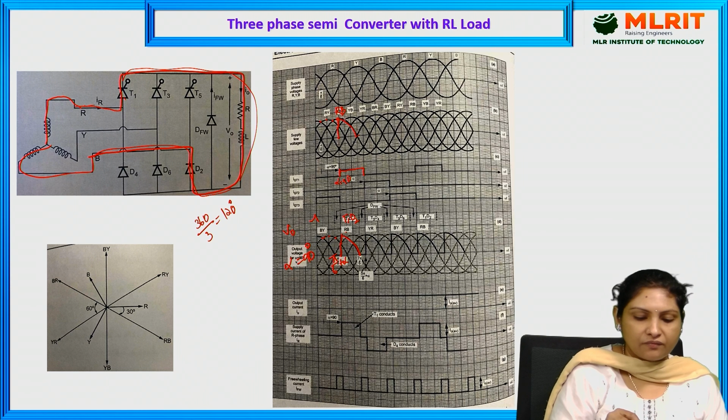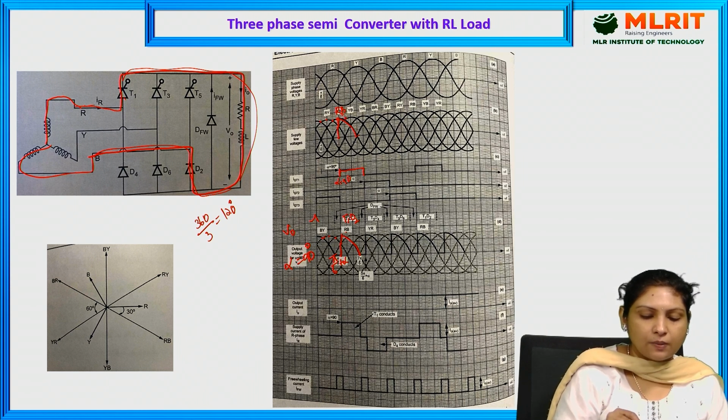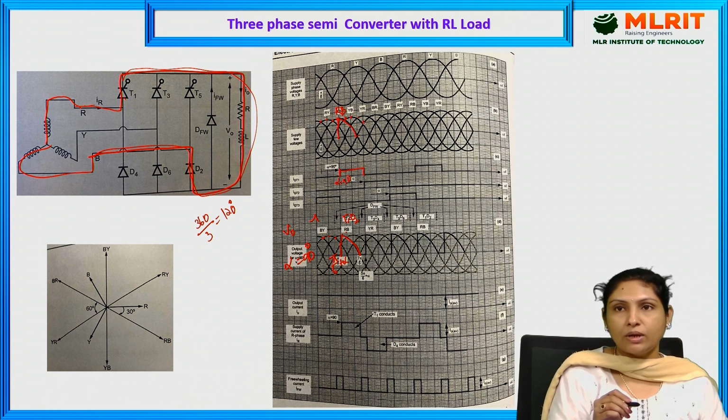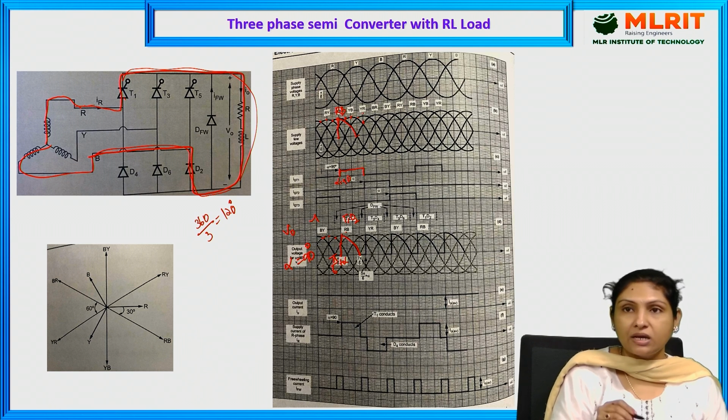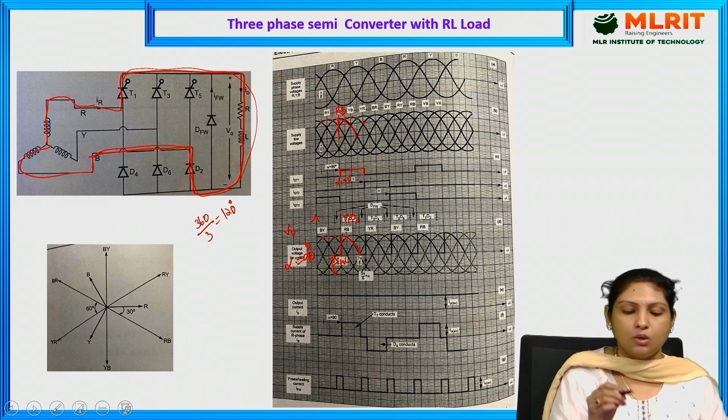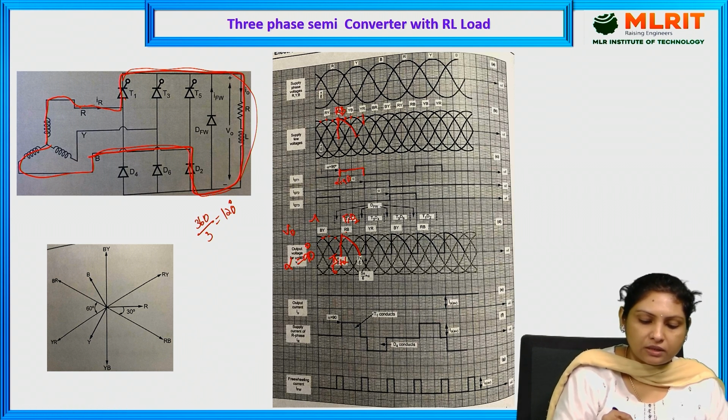And now the Y phase has appeared. So this is the zero crossing. Alpha equal to 30, alpha equal to 60, and alpha equal to 90. By the time we have provided the triggering pulse, now YR is being applied across the load. So here it will be conducting right from here. How long will it conduct?